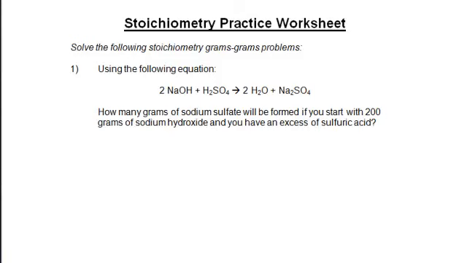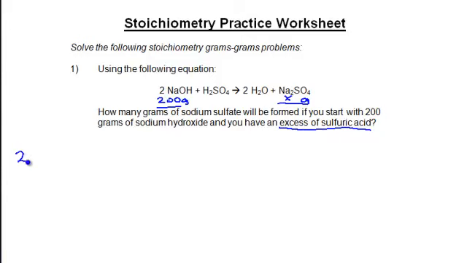It says, how many grams of sodium sulfate will be formed if I start with 200 grams of sodium hydroxide. Now since I have an excess of sulfuric acid, I really don't have to worry about it. It means I'm going to have some left over. It is the sodium hydroxide driving what I need to use.